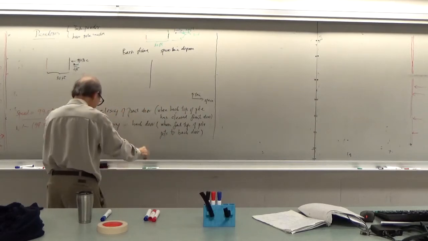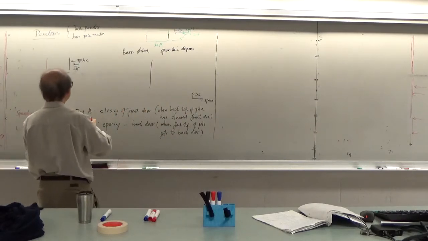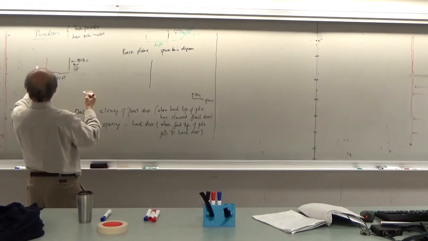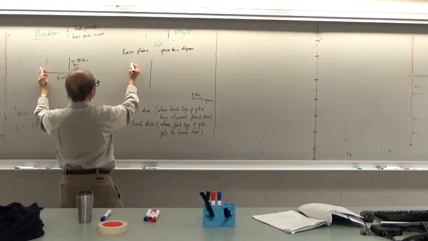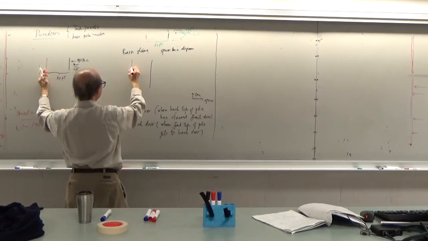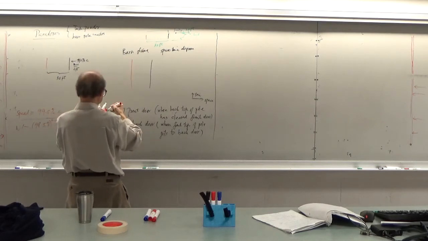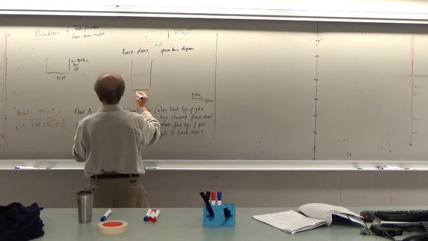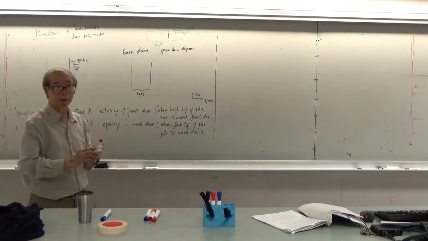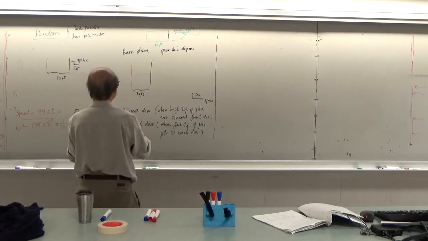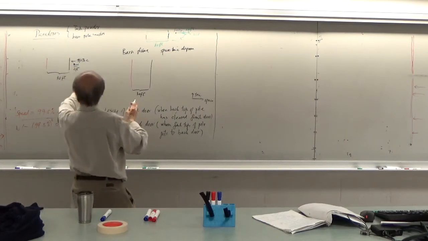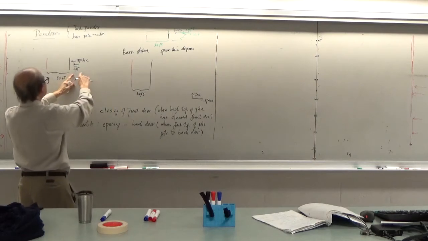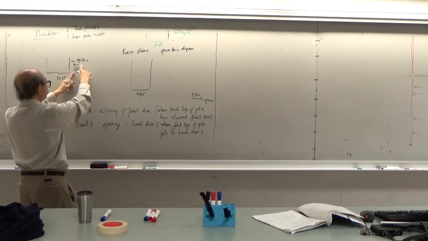And I will use the red color for the back door. And this is 30 feet deep. All right? And now, in this frame, the pole is very short.